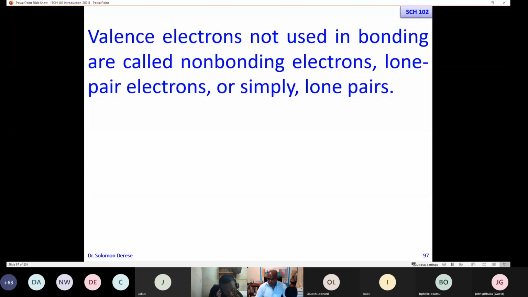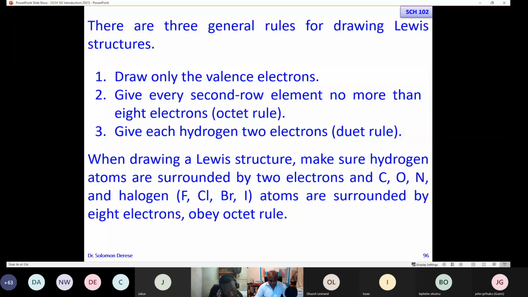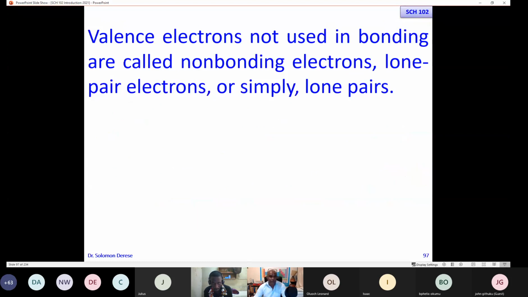When you do so, you have valence electrons that are going to be used in the formation of a chemical bond. Those are called the shared electrons, but we are also going to have electrons that are not going to be shared. So we have 2 types of ways in which the valence electrons can be used.